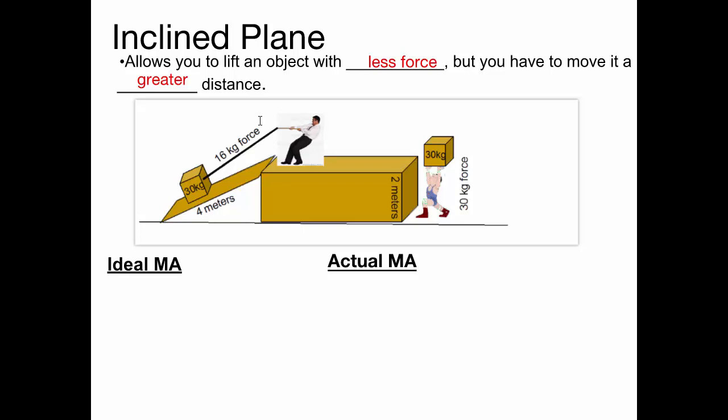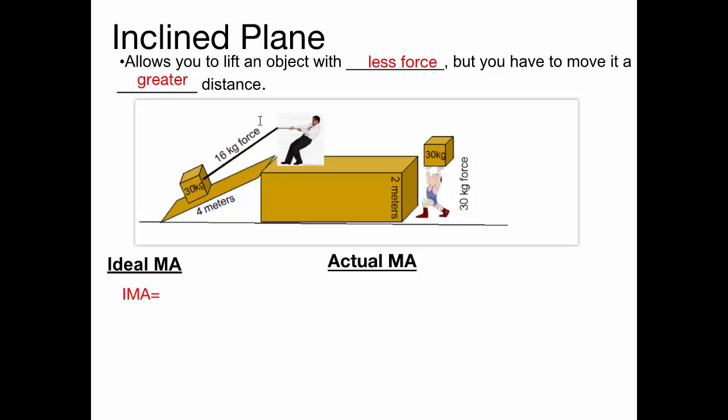All right. So when we are calculating the mechanical advantages, does anyone recall the formula for ideal mechanical advantage? Isn't it effort distance divided by resistance distance?